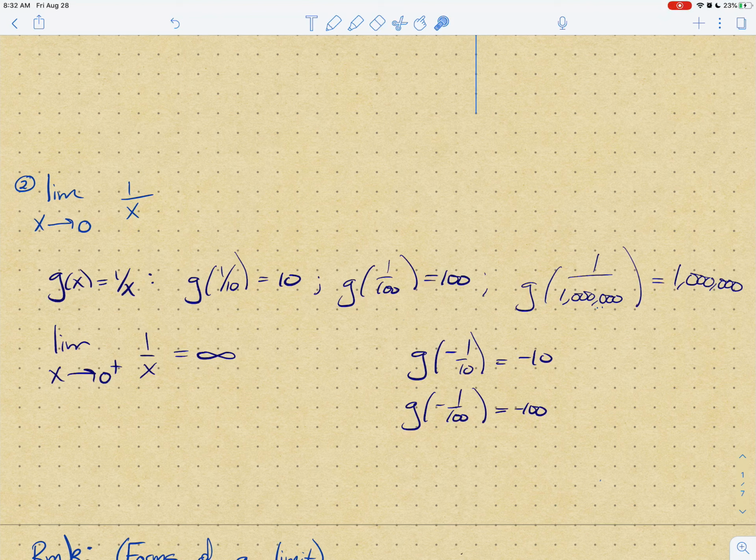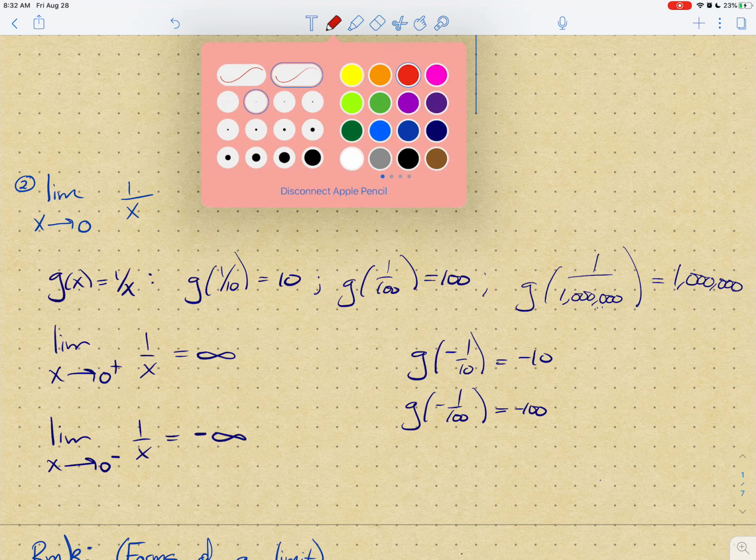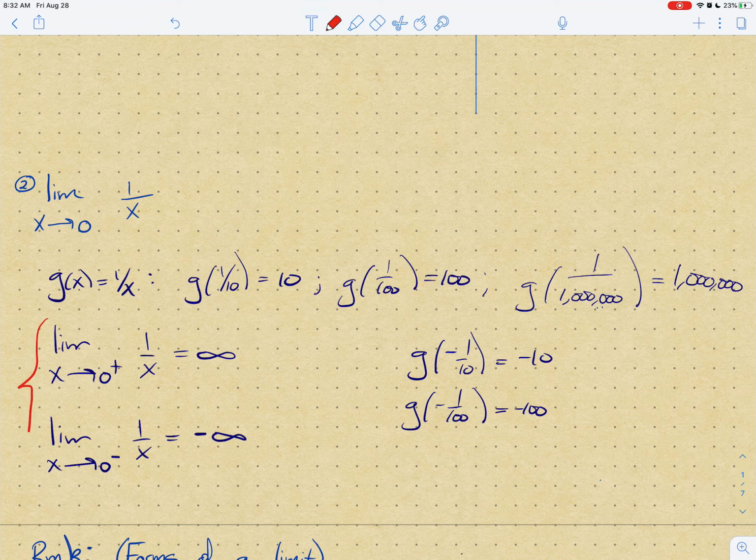And here, when I come from the left, I am getting arbitrarily large, but arbitrarily large negative. And so the limit as x goes to 0 from the left of 1 over x is actually minus infinity. These two things together, let's use red, tell me that this limit, we would simply say, does not exist.